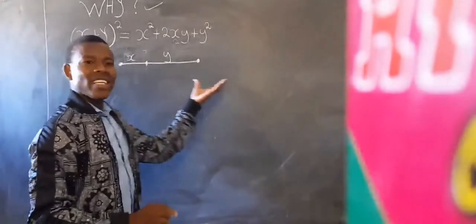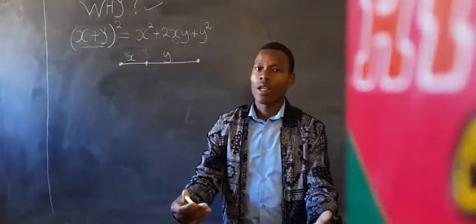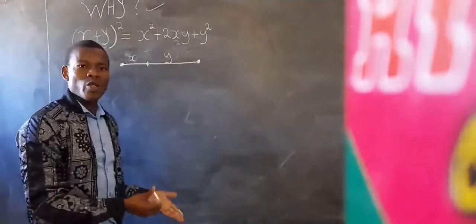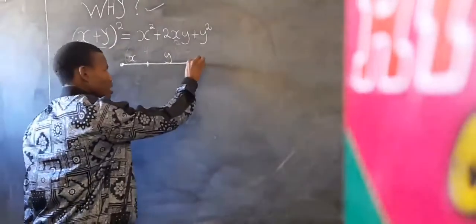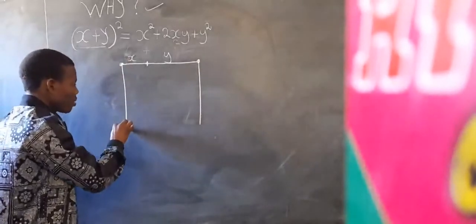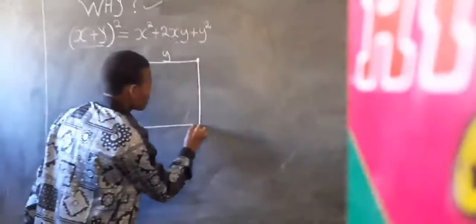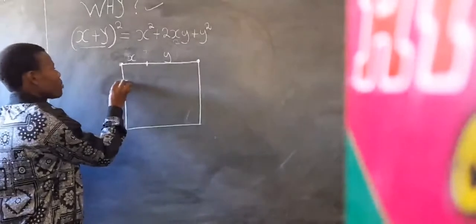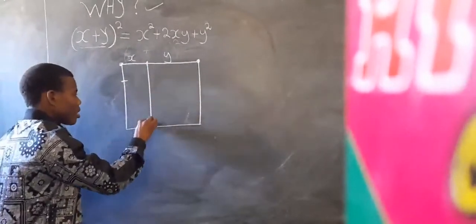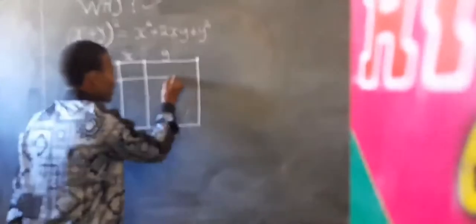When you are squaring it, just think of a square. When we are squaring it, there is a square that is sharing the same dimension of X plus Y. So let's have a square now that is sharing the same dimension. Let me say this point is reflecting to this one, and we have this part and this part.